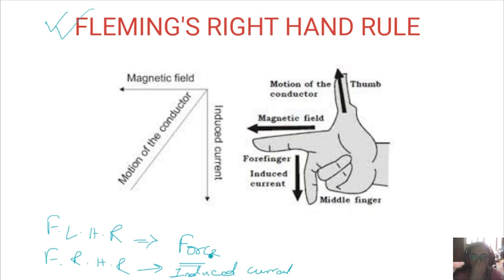The parameters are mostly the same if you consider them, but just the directions always keep changing. So now here we will take again the magnetic field as our first finger, and our second finger here is the induced current, and the thumb here will give the motion of the conductor.